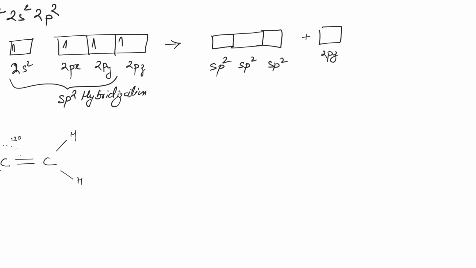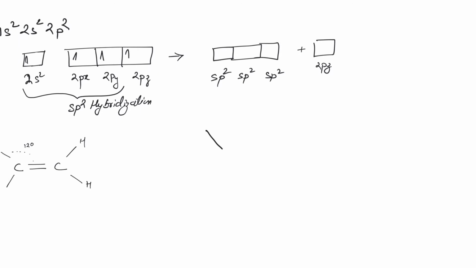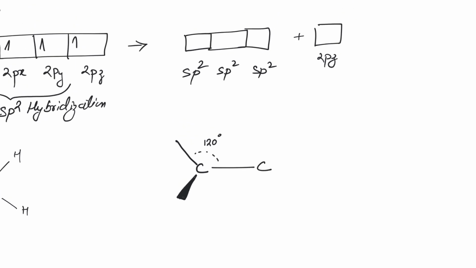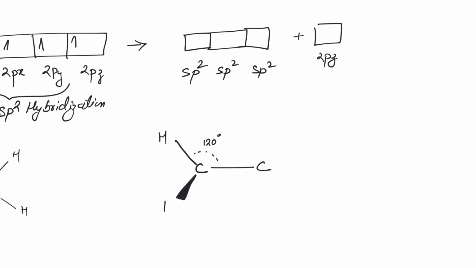So according to that, let's say this is the carbon. Now this bold line says that this is coming out of the paper, and this is one of the bonds. So this is how the sp2 is arranged. So this is 120 degrees. So you have an H, and the same way you can do for this as well. But now you see where the pz orbital goes. So this comes here.